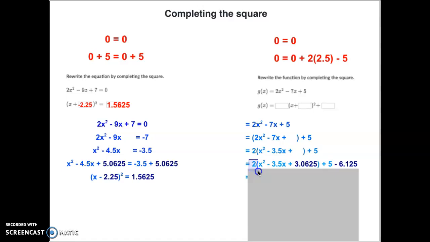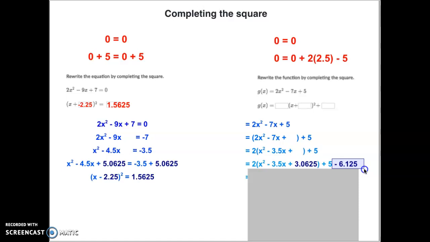You're going to find out that I actually added 6.125. Well, if I added, because of these two, 6.125, then I need to also subtract 6.125. Haven't changed the equation a bit. I've changed the equation, but I haven't changed what it equals one bit by doing that. I simply added 6.125 and I subtracted 6.125.